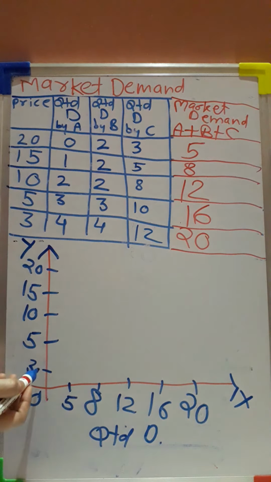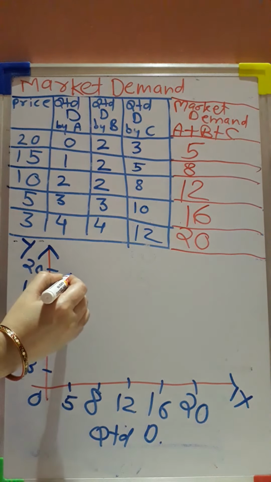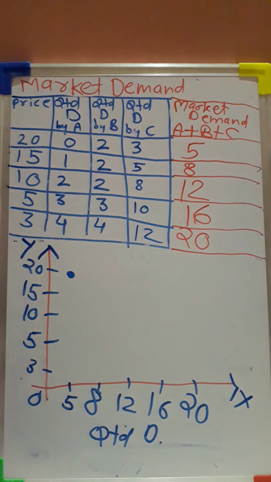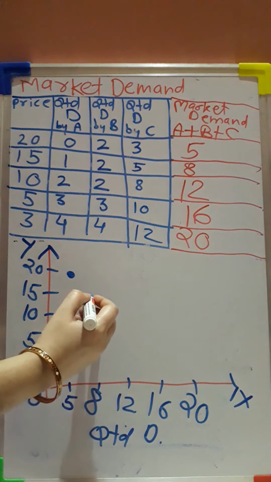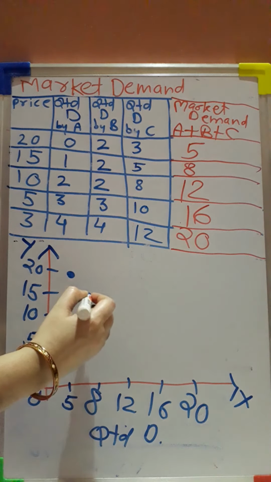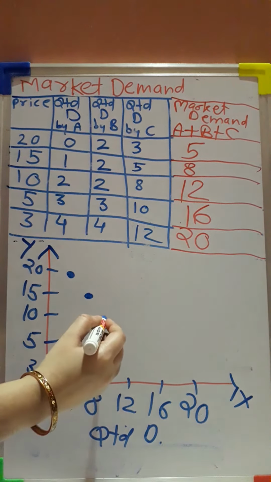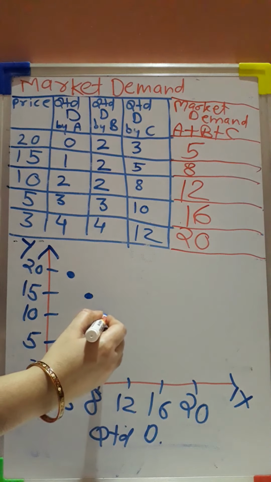Now at rupees 3, we'll start from the upside. At rupees 20, market demand is 5. Then at rupees 15, market demand is 8. At rupees 10, market demand is 12.